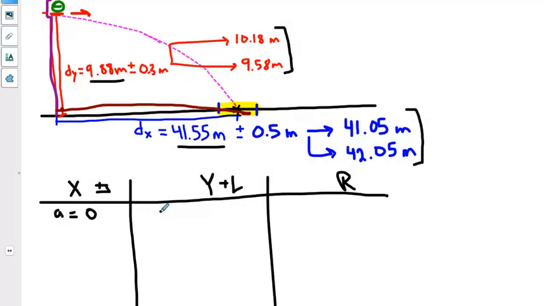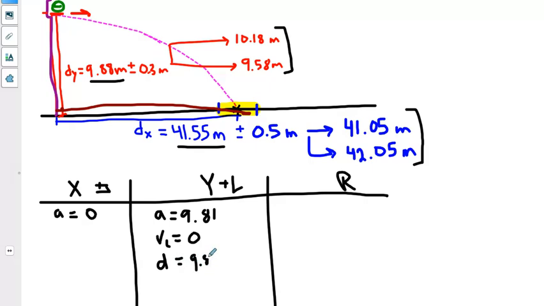All right, so you already did what I'm doing right here. You already submitted this. So acceleration was 9.81 down. And then we knew the VIY was 0. And we knew that the DY was 9.88.